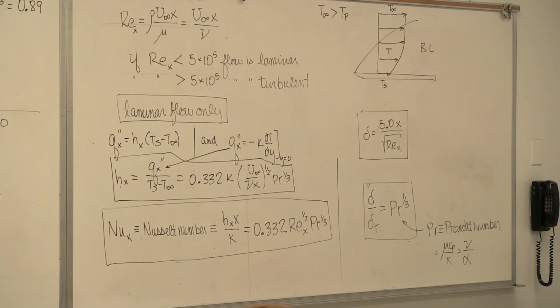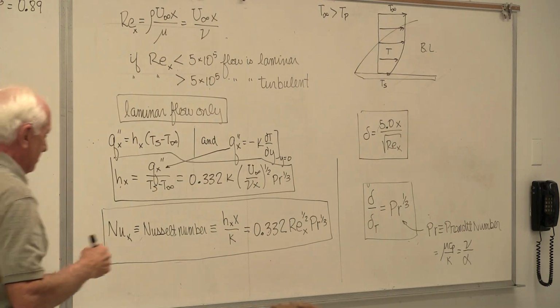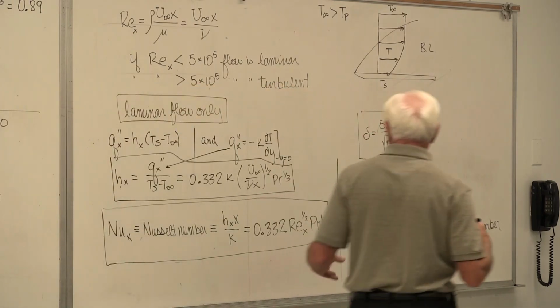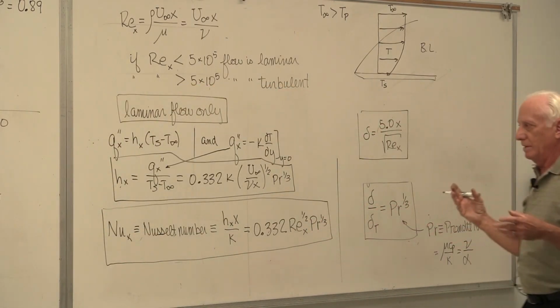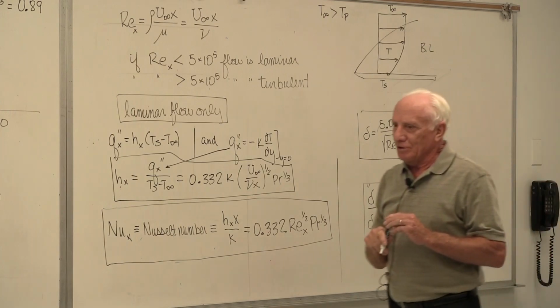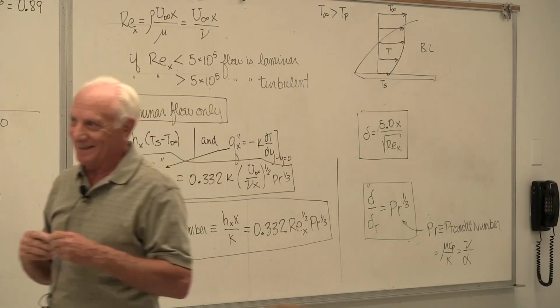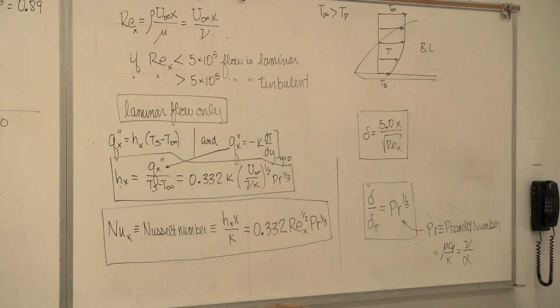So you have to choose the right equations for each particular area. These equations are the ones for laminar flow. All right, we're going to do turbulent flow then a week from Monday. So that's a good stopping point here, good break point.